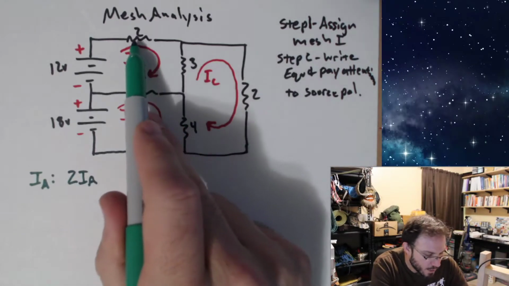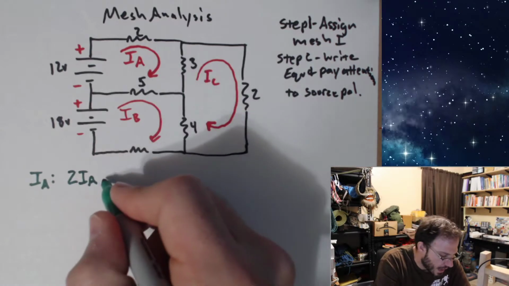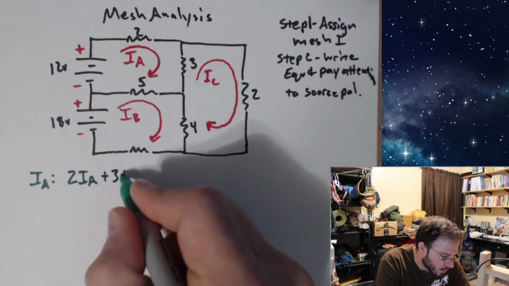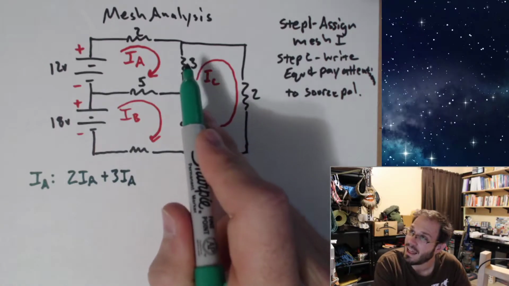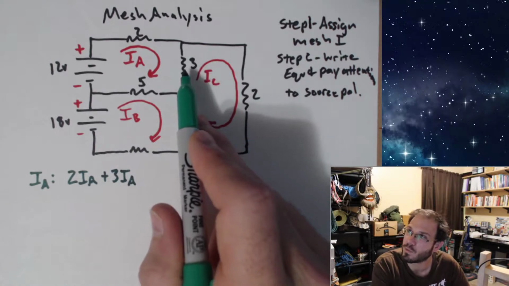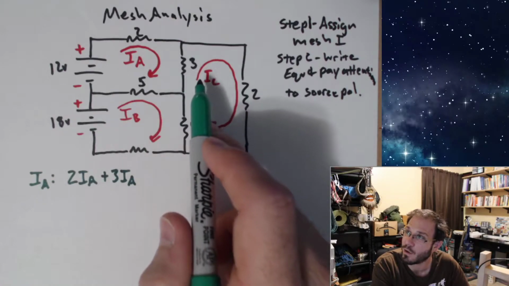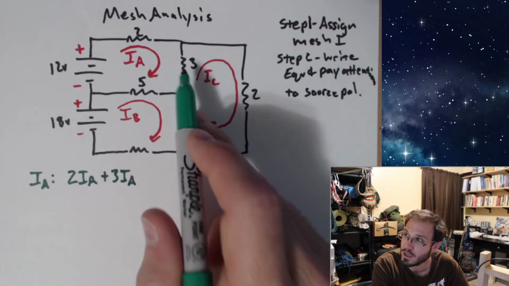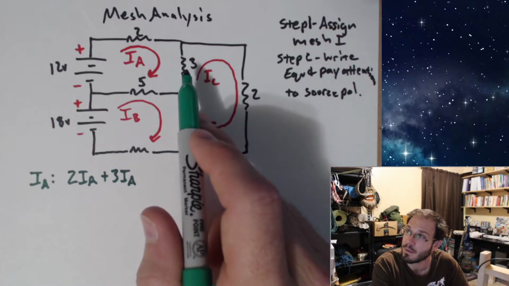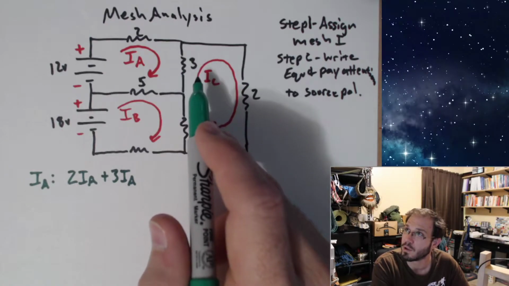All right, I'm done with that. Let's move on to 3. I have 3 IA. However, IA is not the only current that is involved with this 3 ohm resistance. We also have an IC going through it. So make sure if you have 2 mesh currents involved in a component that you include the other current.